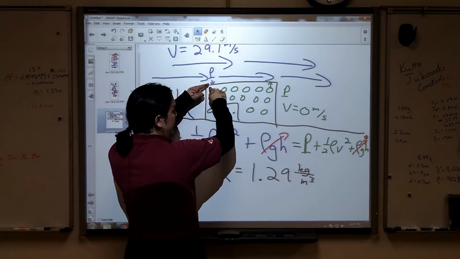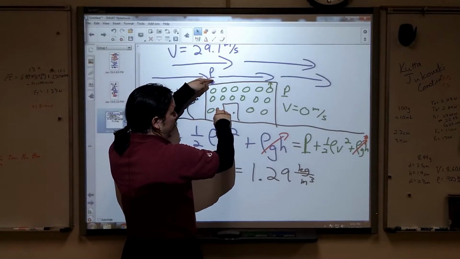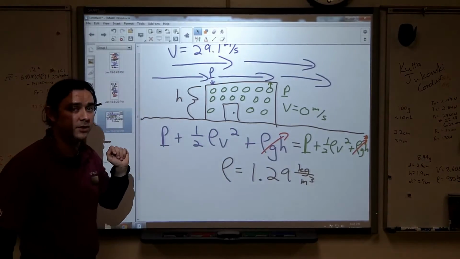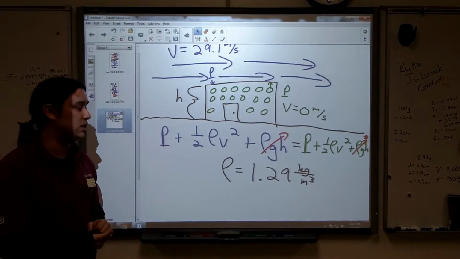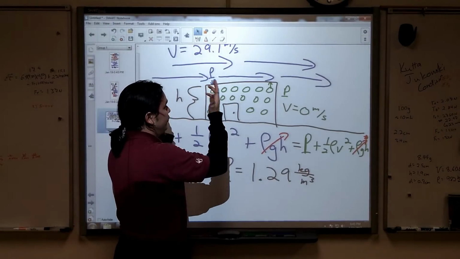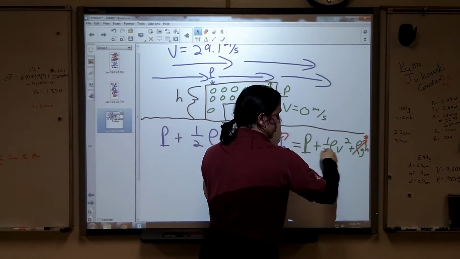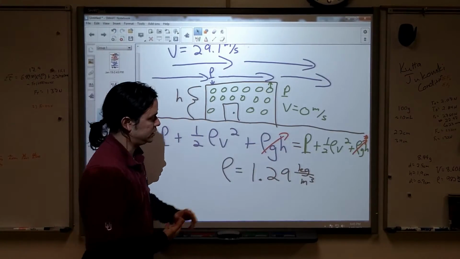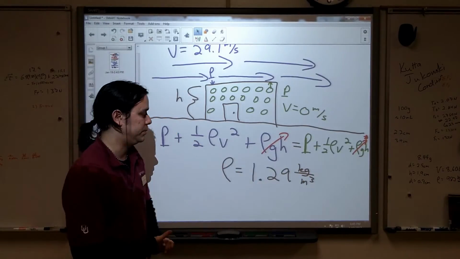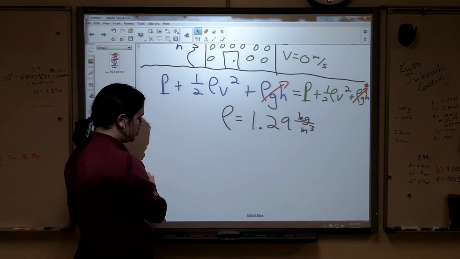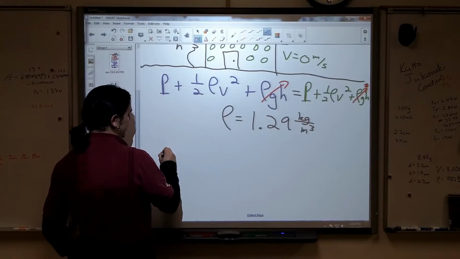Now, if I had one of them way down here and one of them way up here, there'd be a noticeable difference in the height, and I'd have to put those values in. But if I put in a height of 3 meters, for instance, I'm going to get a number here, and I'm going to get the same number over here, and I subtract it from one side, and it'll disappear from the other side. In short, what we end up with is the following.